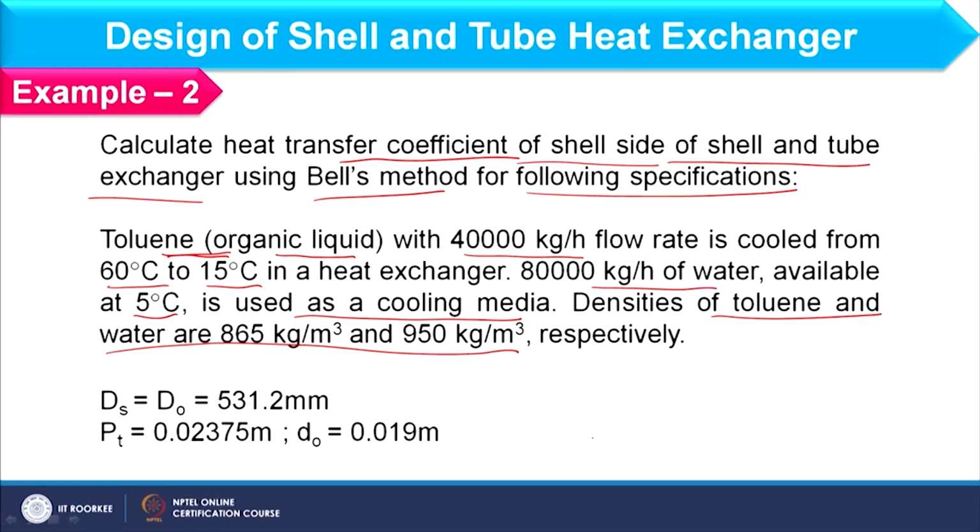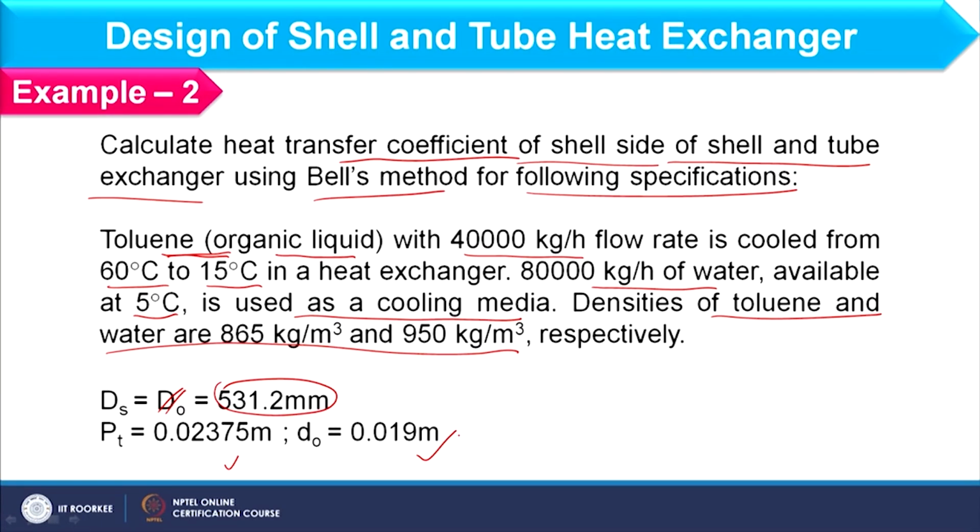Here we are given the shell dia as 531.2 mm, and this is not the OD, this is the shell dia. The pitch is given as 0.02375 meter and the outer diameter of the tube is given as 19 mm.